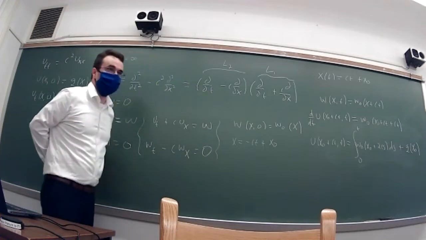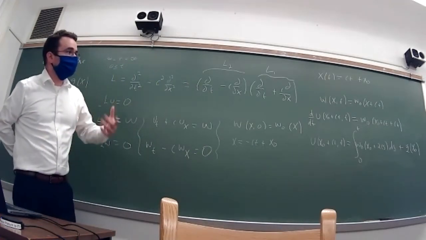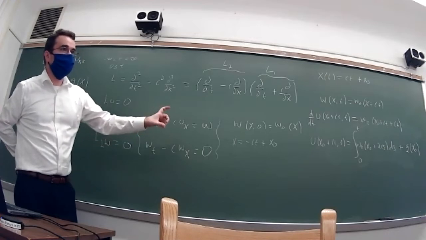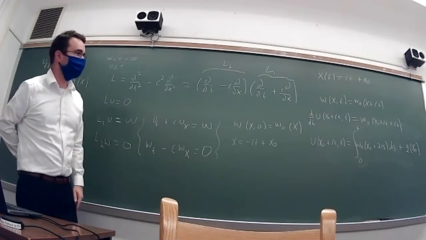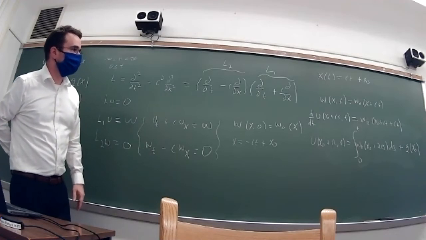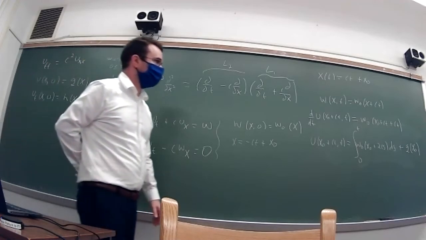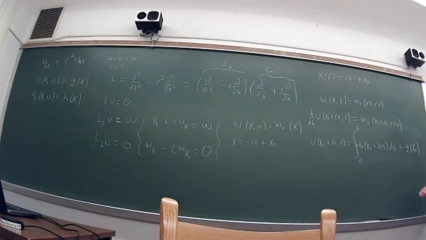The more I think about it, the more I feel like it has to do with our psychological feeling of wanting x naught to be a constant and not wanting to vary it. But yes, that's right. So this works. So we know that this initial condition is chosen arbitrarily.